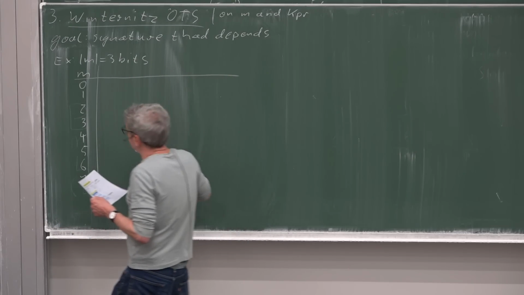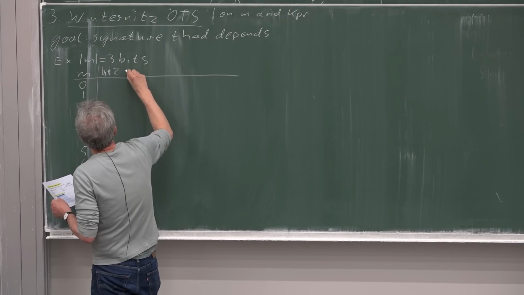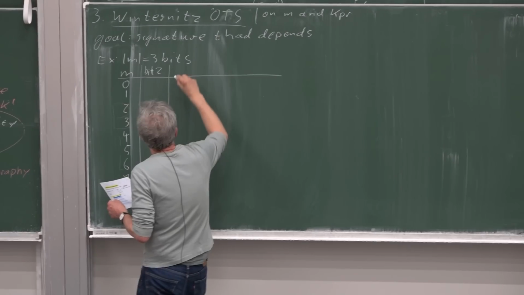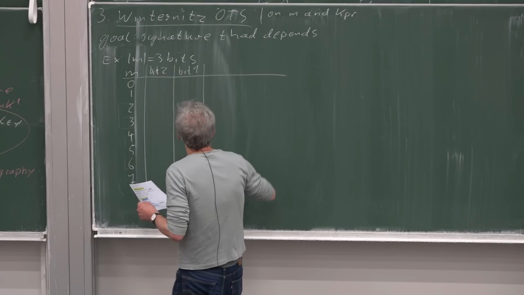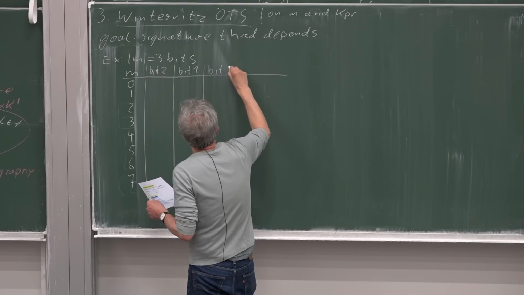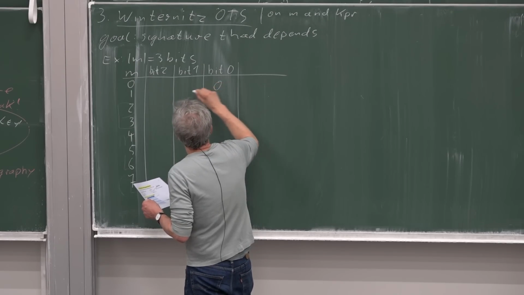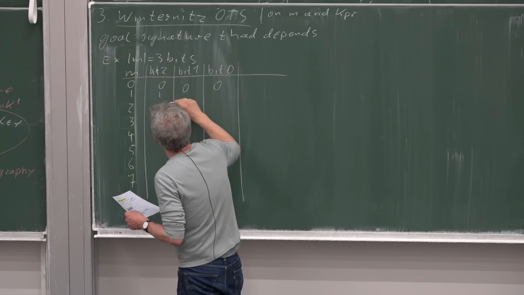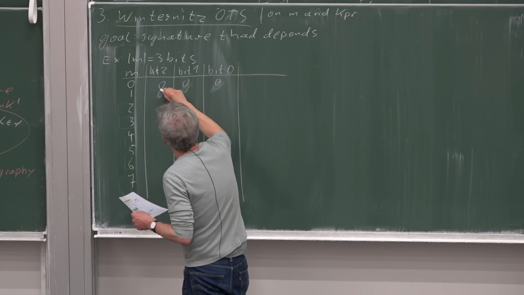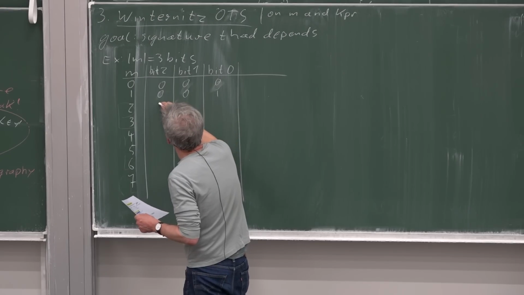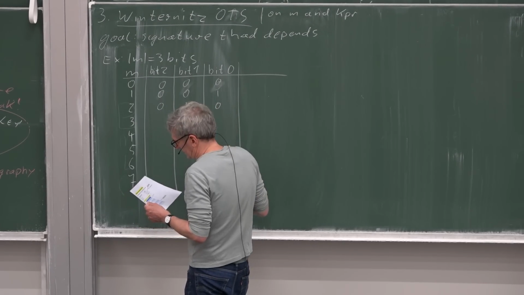Now we look at the bits. So that's bit 2, bit 1, bit 0, and this is 0, 0, 0, 0, 0, 1, 0, 1, 0, and so on.